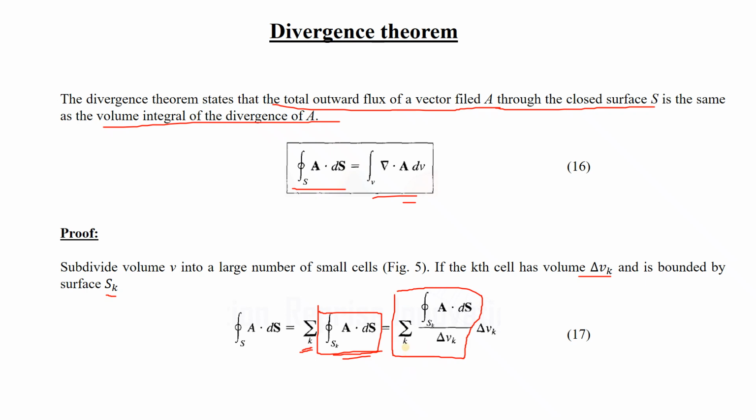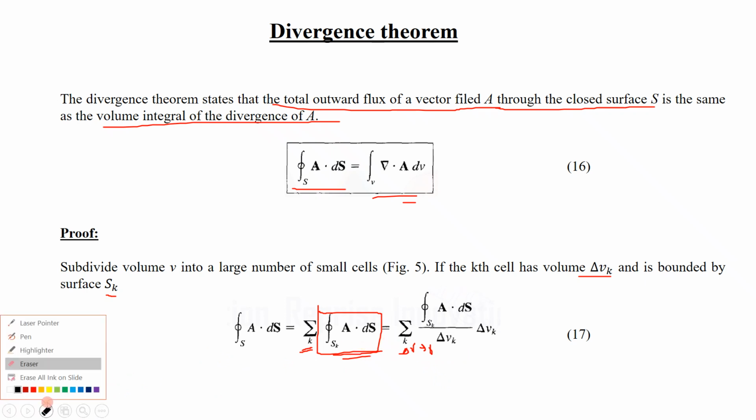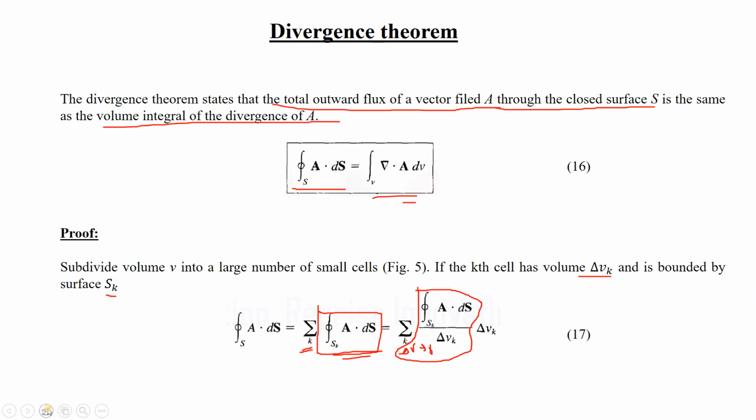So we can write this equation in this way. If delta Vk tends to 0, we will take this summation outward. This summation and delta Vk are outside.